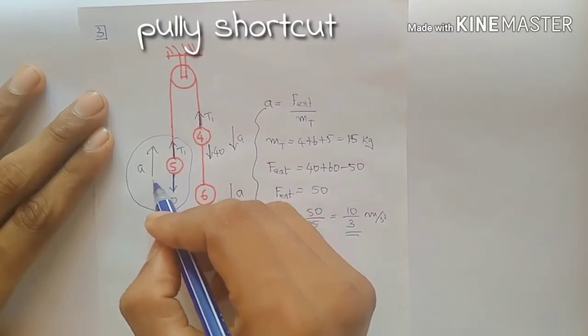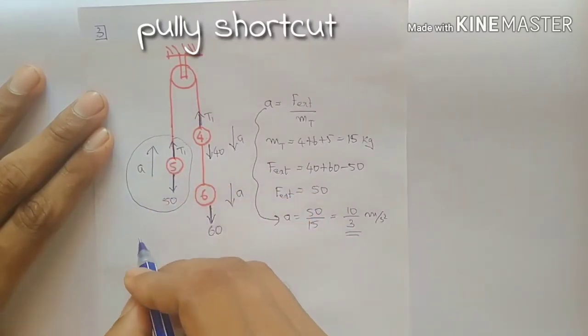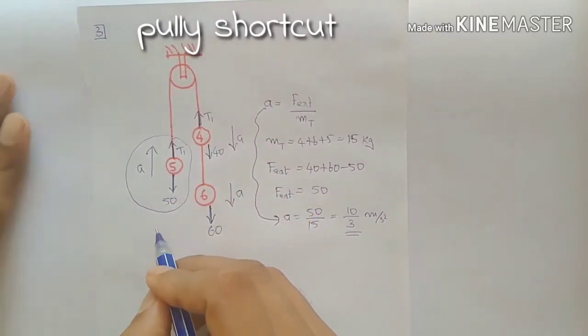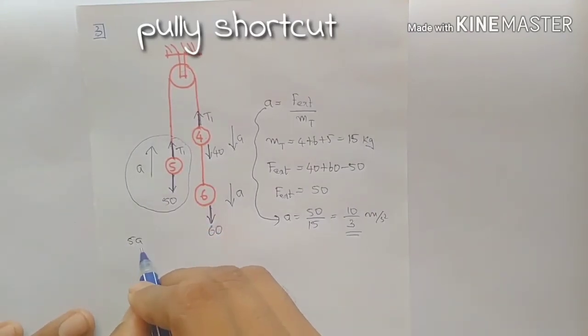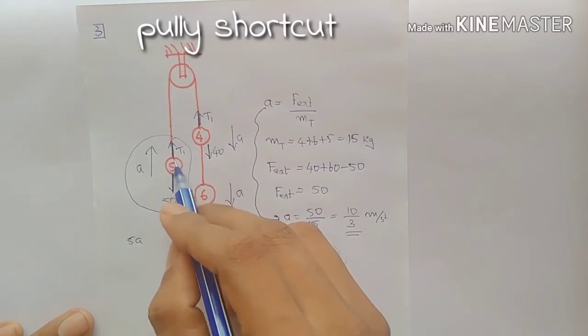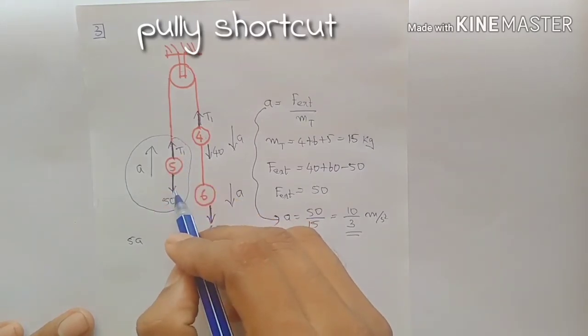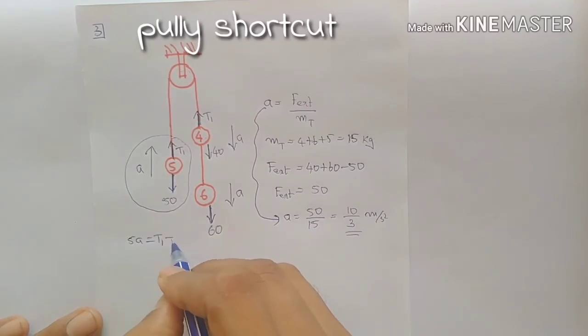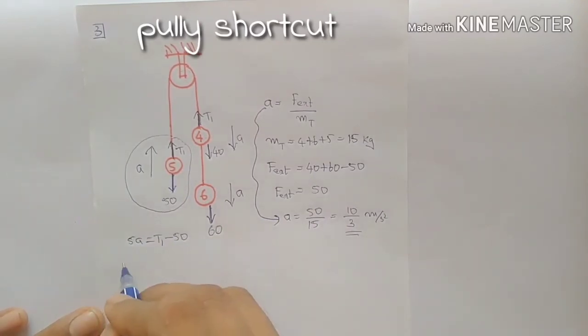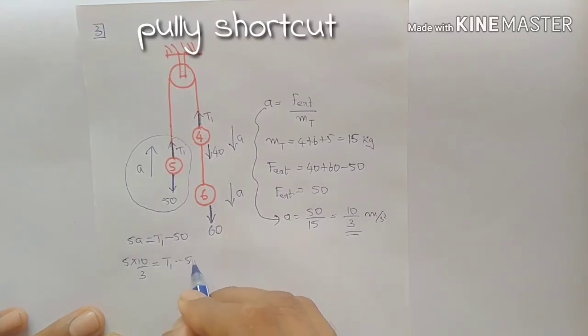Now, this 5 kilogram mass is moving upward with an acceleration. Therefore the net force acting is 5A, and it is the result of these two forces. T1 is upwards, 50 is downwards. T1 is greater while acceleration is upwards. Therefore, it should be T1 minus 50. Substituting A, 5 into 10 by 3 is equal to T1 minus 50.